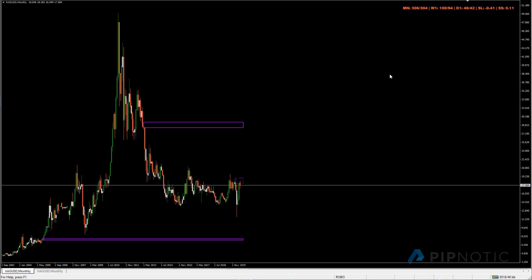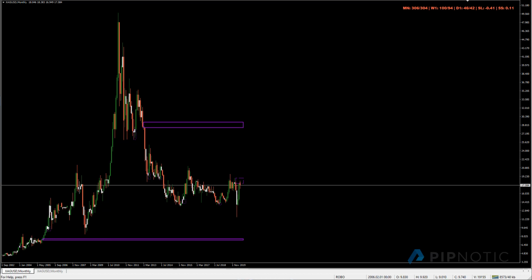All right, so we're back on gold American dollar, and we have this really beautiful monthly supply just here. We had this price level tested numerous times, and this one completely destroyed it. So this is a very obvious place that we would expect price to react at in the future. Then we have this one down here.